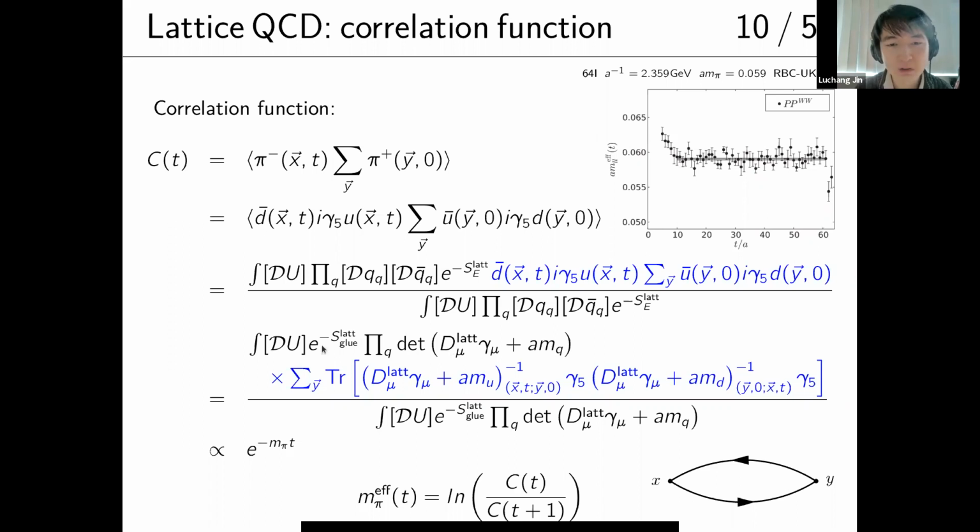And if we recall, the determinant is actually built into the configuration generation process. So what we need to do is to calculate these Fermi propagators on the already generated gauge configurations, calculate these propagators for each of them, and average the results.